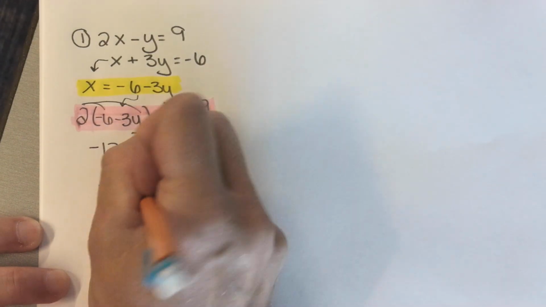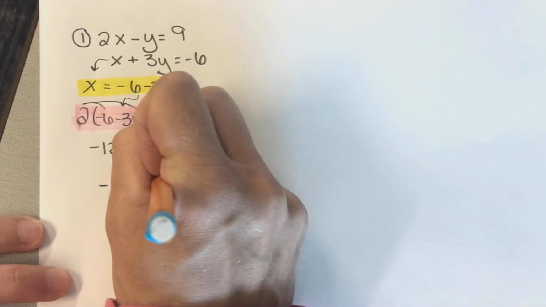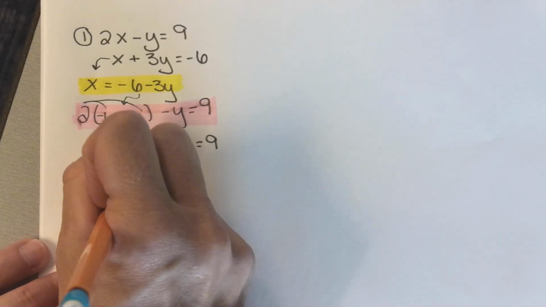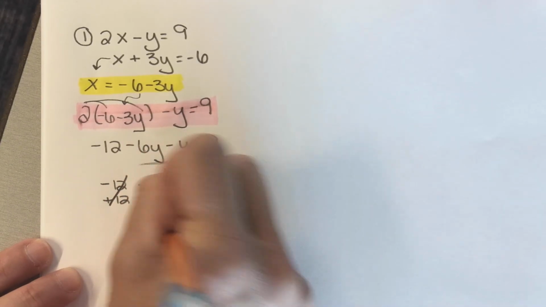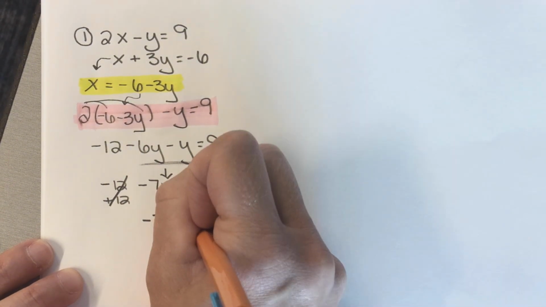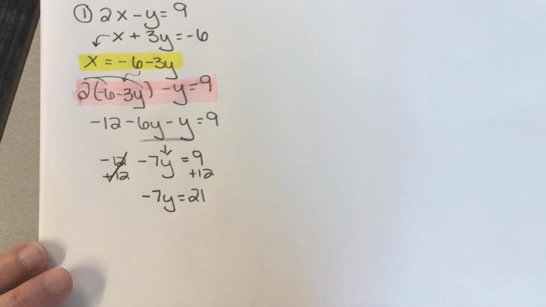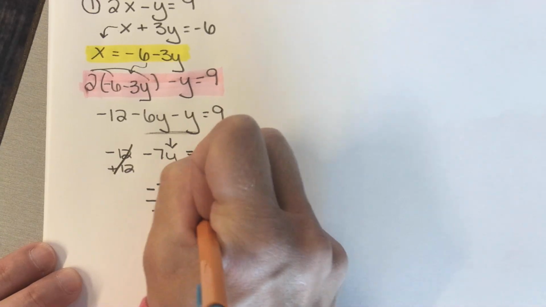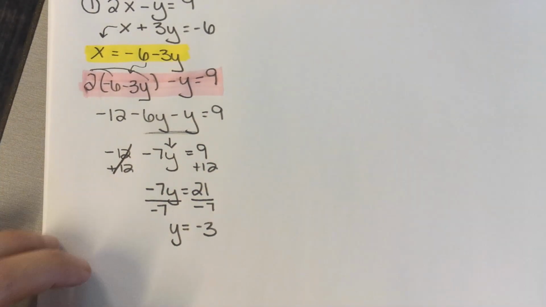So negative 12 minus 7y equals 9. Okay, I want to get this y alone. What can I do to get y alone? Add 12. So this cancels. Negative 7y equals, let's see, this is going to give me 21. And then to finish solving, I'm going to divide by my negative 7. So y equals negative 3.